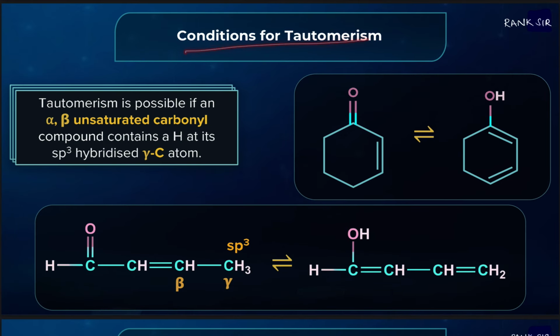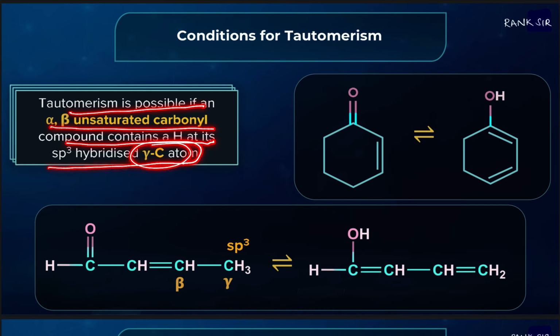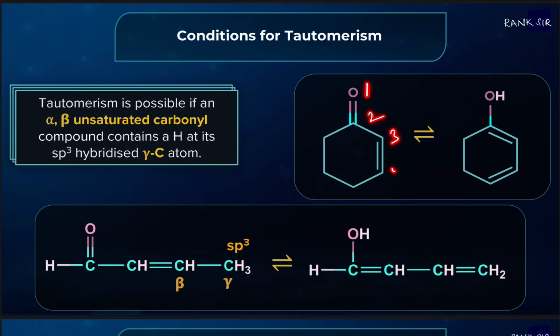Condition for tautomerism: tautomerism is possible if an alpha beta unsaturated carbonyl compound contains a hydrogen at its sp3 hybridized carbon, that is called the gamma carbon. That is the fifth position. So this is 1, 2, 3, 4, 5. Here how many hydrogens are there? Two. This comes to here, this comes to here, this comes to here. Then you will get the enol form.